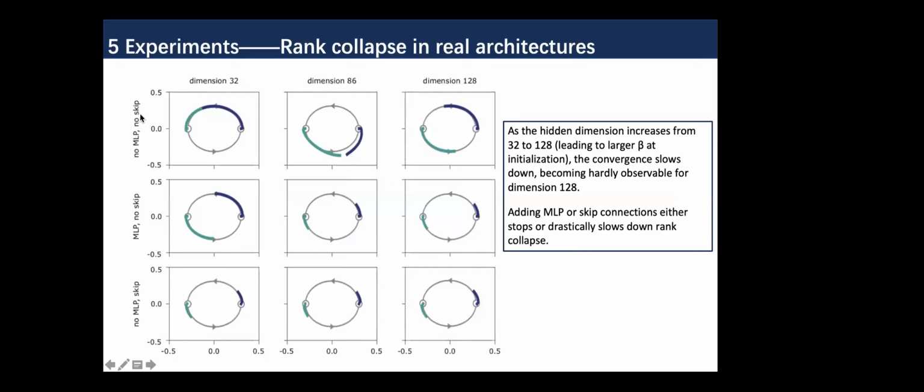On the Y axis, we have no MLP no skip, MLP no skip, and no MLP skip. And on the X axis, we have dimensions 32, 86, 128. You can see that in the first row, it converges really fast.